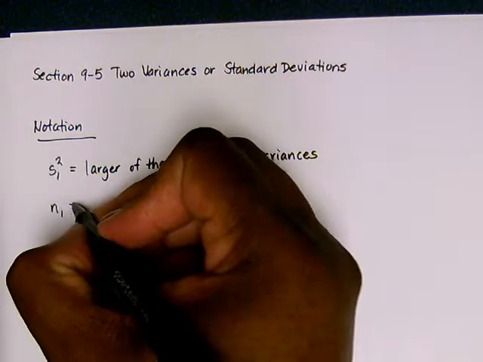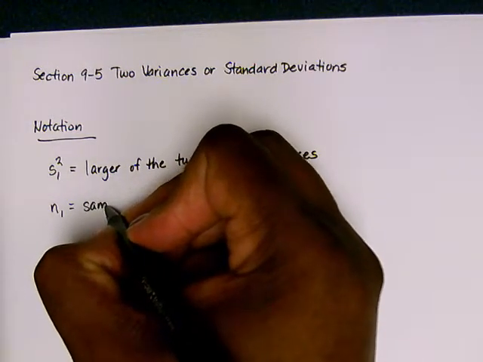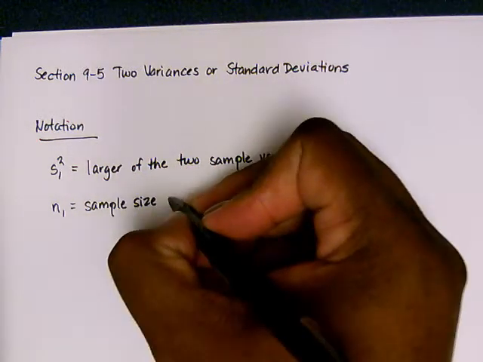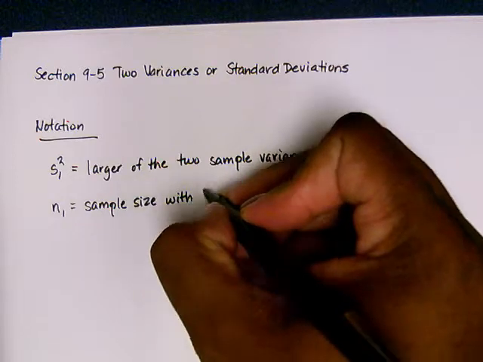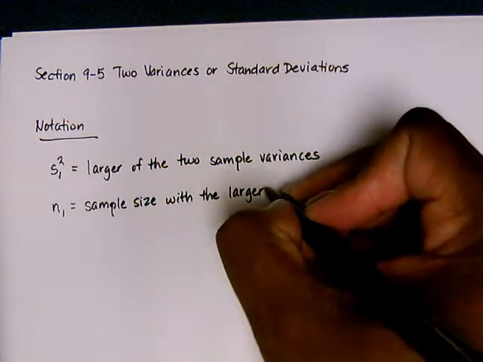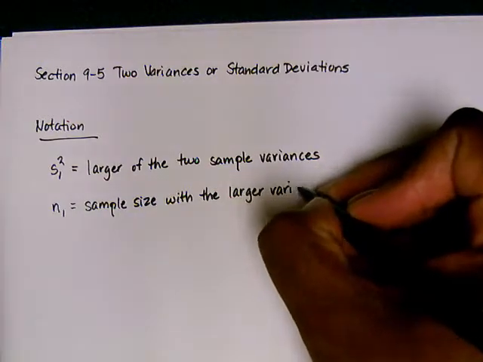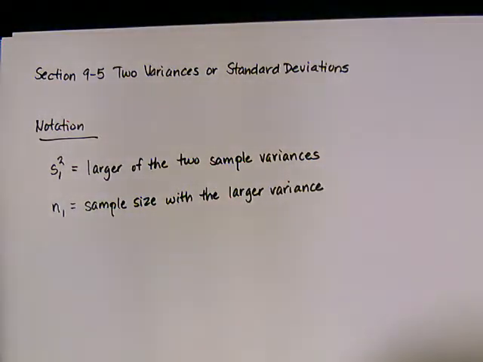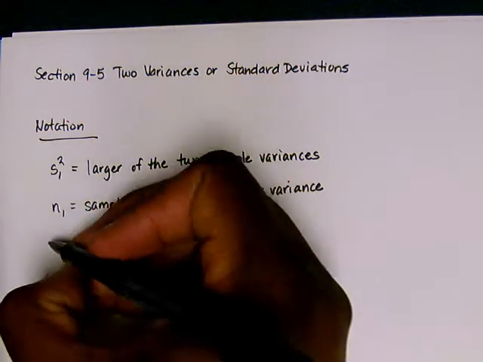N1 is the sample size with the larger variance. N1 will be the sample size of the larger variance.